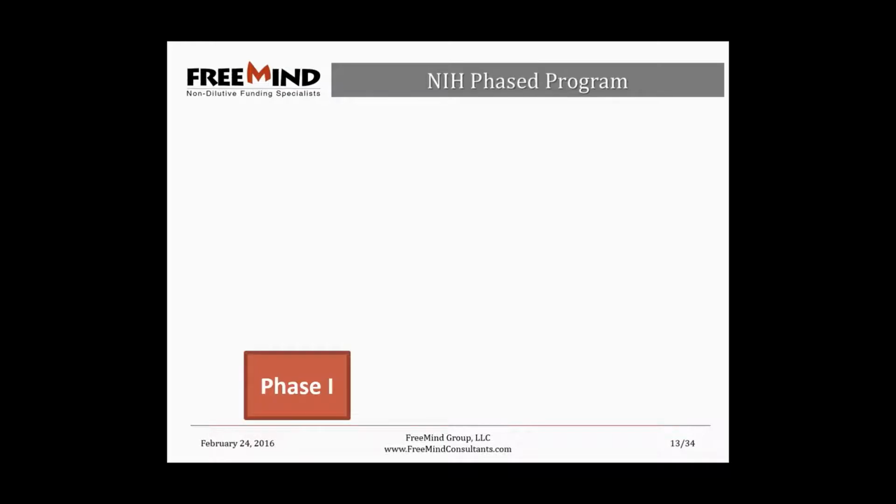Okay, so the SBIR and STTR programs are phased programs, meaning you have to start with the phase 1, and once you're awarded and completed the phase 1, you can then move on to the phase 2. There are a few exceptions to that, but before we start with those, let me just talk about the traditional structure of the program. So first of all, the phase 1.